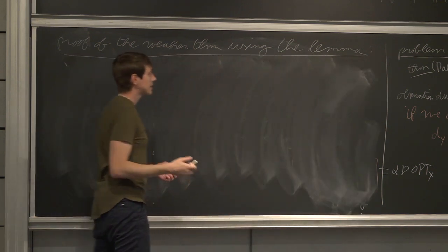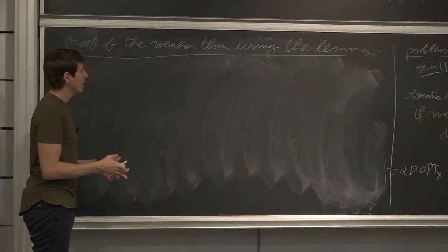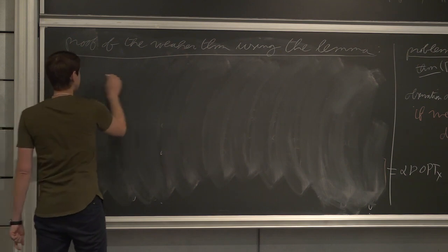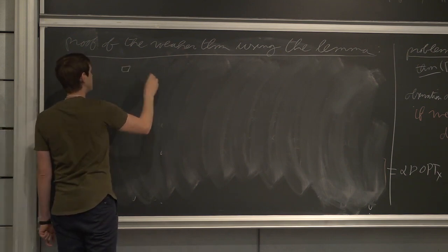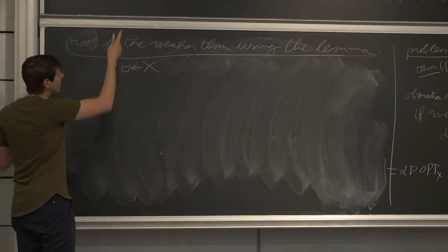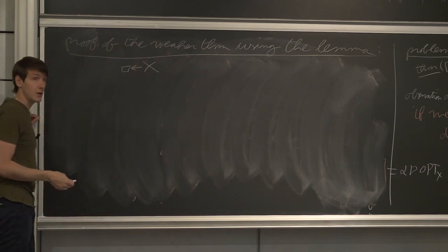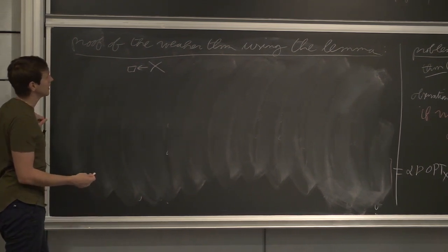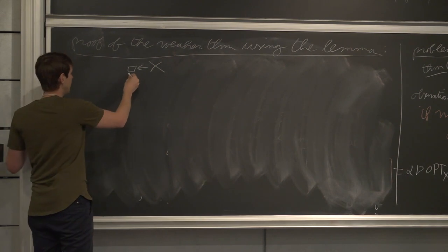What I'm going to do is construct a tree by induction using this random partitioning. So I start with the root. This is my entire space X. Now I call this lemma, this hierarchical partitioning lemma. I don't know why I called it like this, it's not hierarchical at this point. It's just a partition lemma.